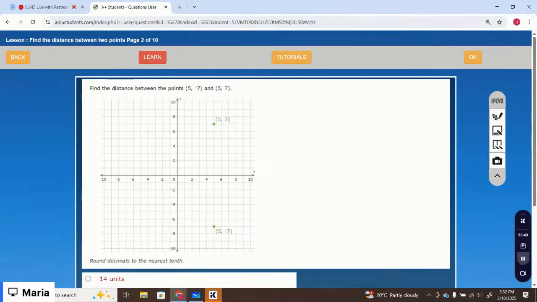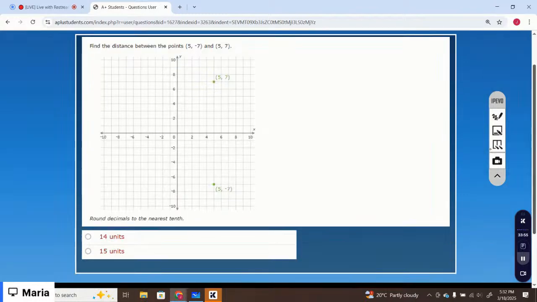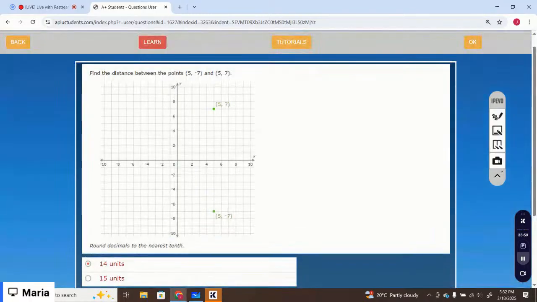So they have the same x coordinate. Just find the distance between their y coordinates. That is 14 units. Option number one is the correct option.